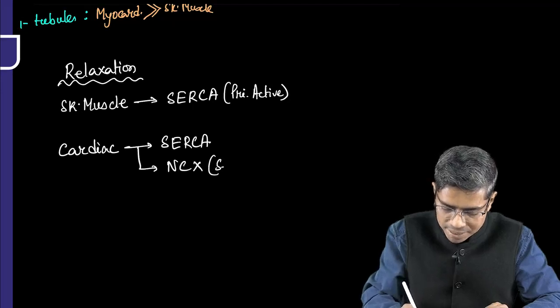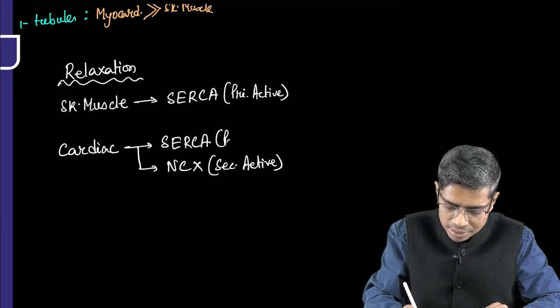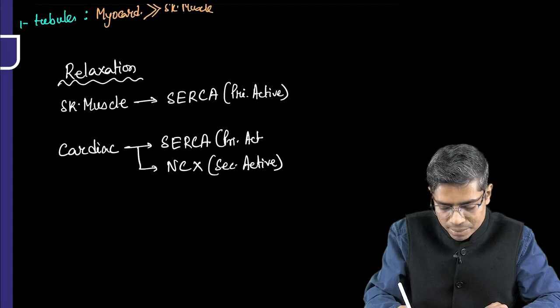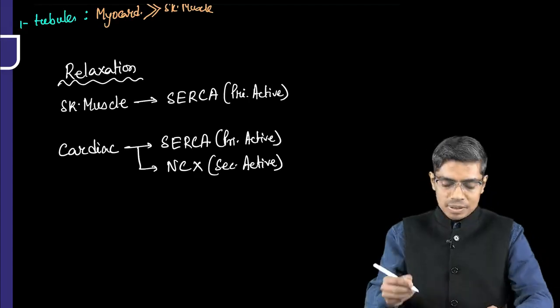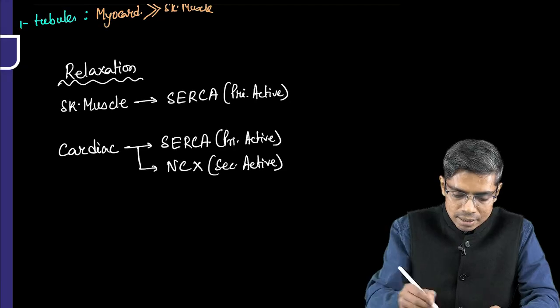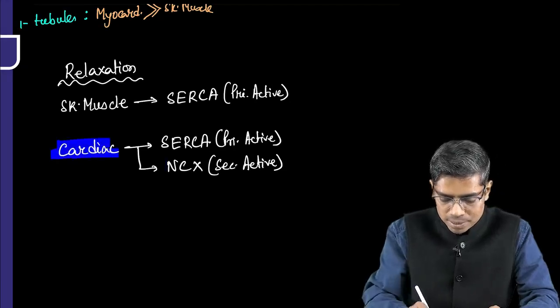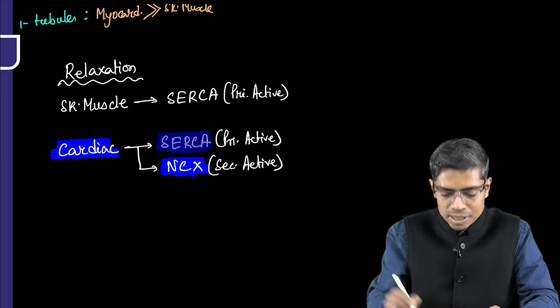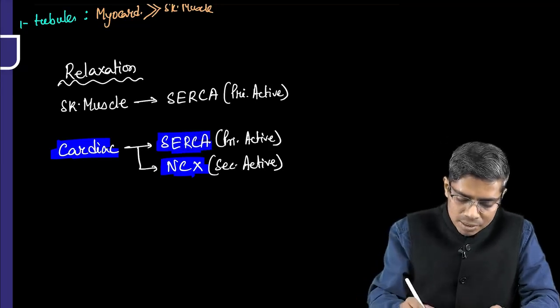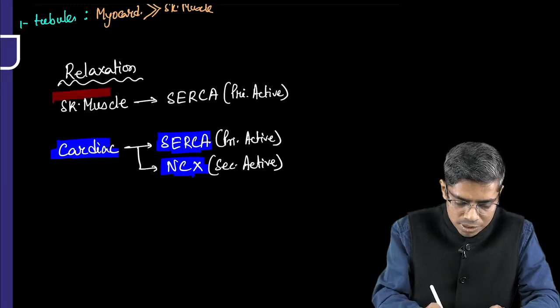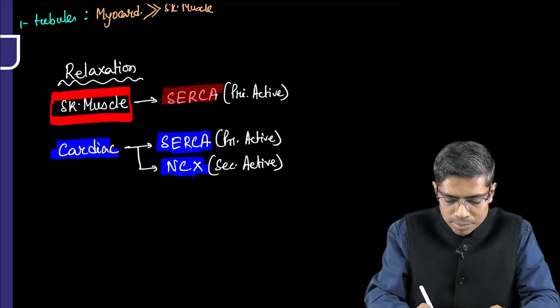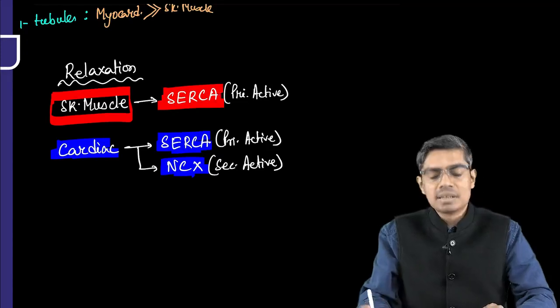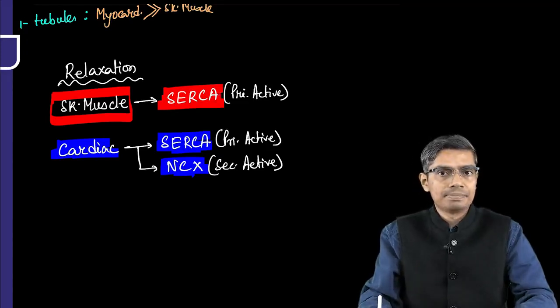NCX is a secondary active transporter and SERCA is a primary active transporter. Getting my point? Because cardiac muscle was getting calcium from two sources, one from extracellular fluid and one from intracellular fluid. But skeletal muscle was getting calcium from only one source, right? That's why the SERCA pump is enough for complete relaxation of the skeletal muscle.